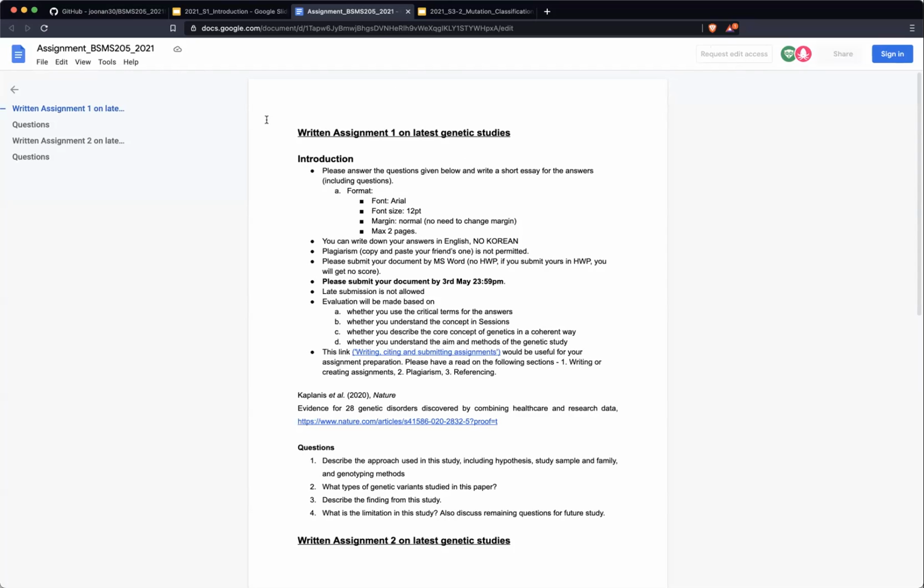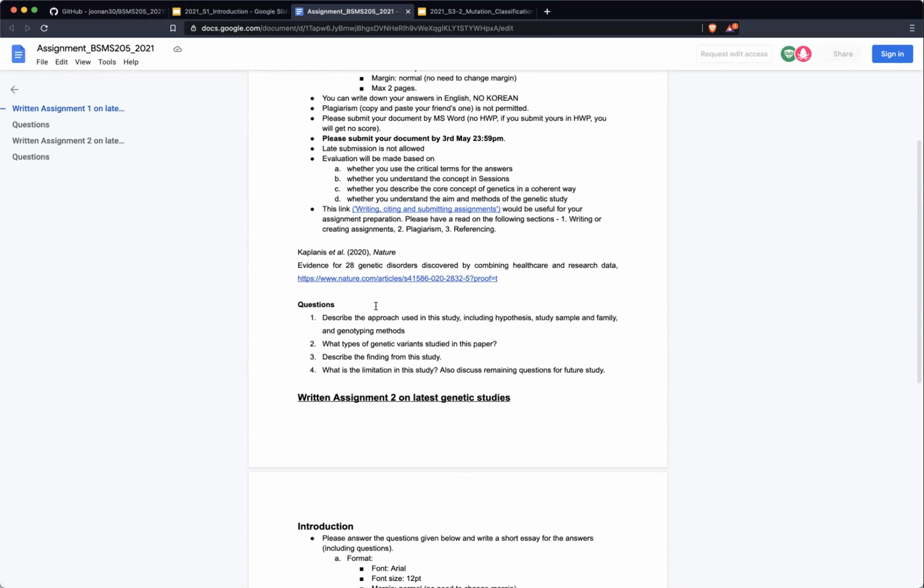Okay, so this is the first assignment, and it is basically checking whether you understand the concepts you learned in sessions 2 and 3, and you have to mix up your own language and sentences to describe what you have read from the scientific paper. Every year I choose one of the best scientific papers of the year, and this year I picked 2.